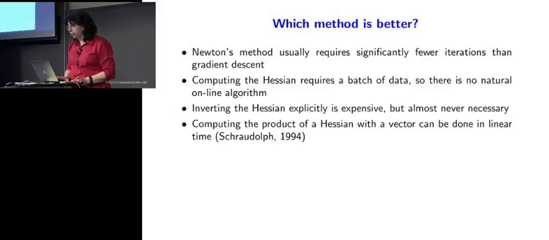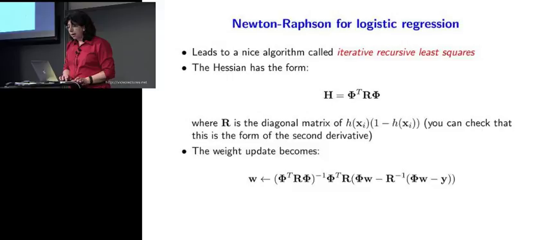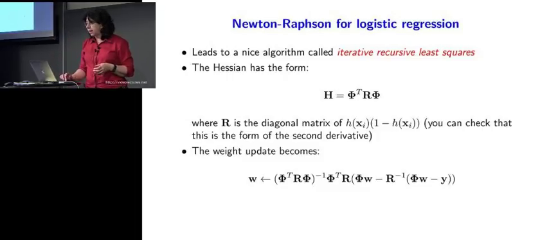It's a nice paper. We don't really have time to talk about it, but I encourage you to look at that. And so we can write this all up as Newton-Raphson for logistic regression, and we can write now the update of this weight vector without even thinking about any kind of step sizes at all.